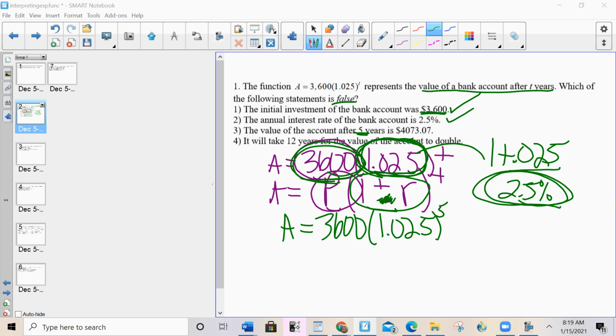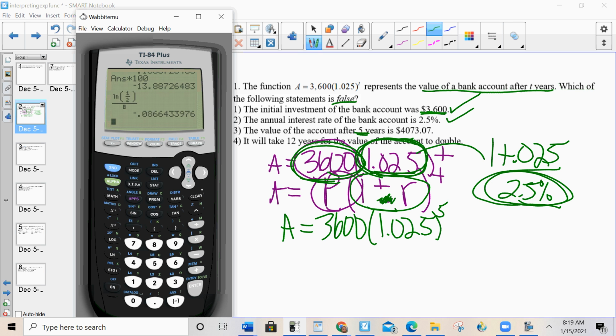I'm going to pull up my calculator. 3600 times 1.025 to the power of 5. 4073.07 looks good.